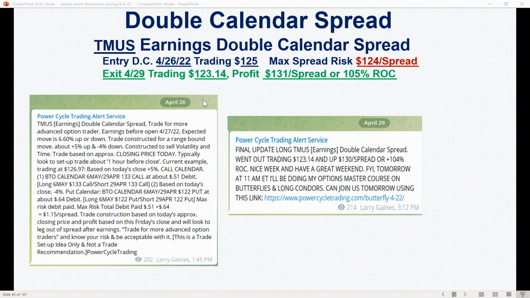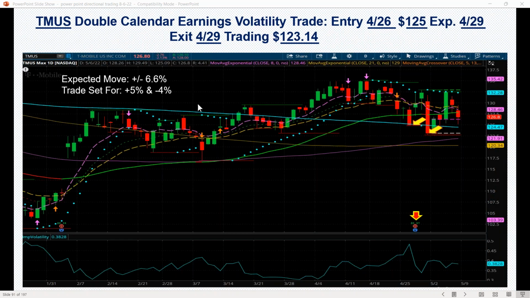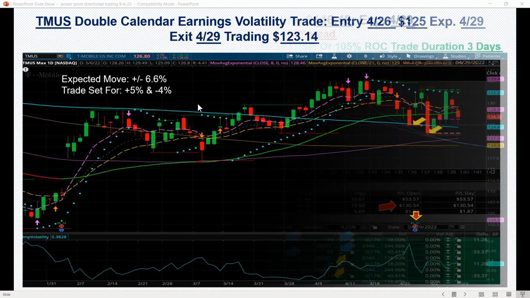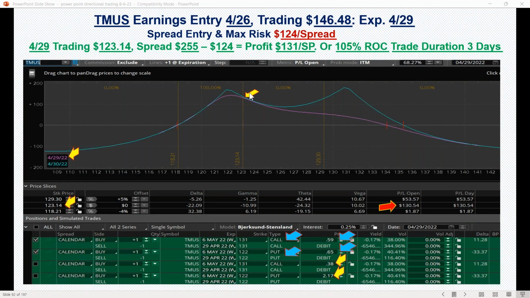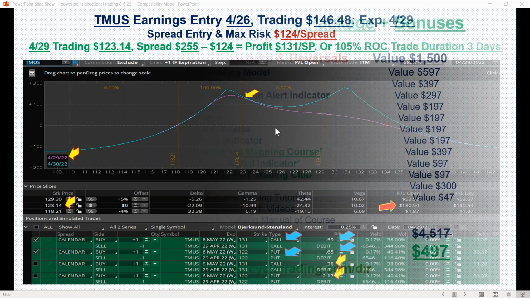This is an example of selling volatility, very low risk trades. For this one, we did this as a double calendar just to sell volatility. Ended up making $130 per spread on the risk of $124, max risk, so 105% return on that.